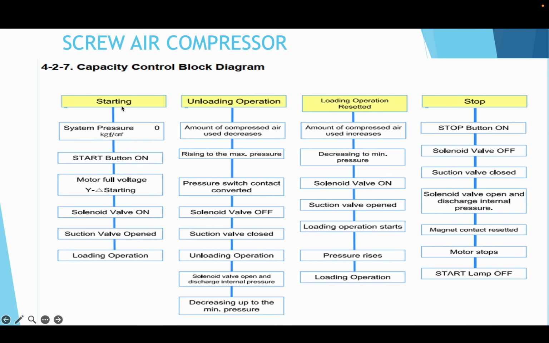So once it has started, it will keep running, and the air produced will depend upon the load, depending upon the demand. When we press the start button, the motor starts on star delta starting. Star delta starting is a procedure to ensure that the three-phase induction motor has a starting current less than direct delta starting. So basically it ensures that the amount of current required at the time of starting will be less.